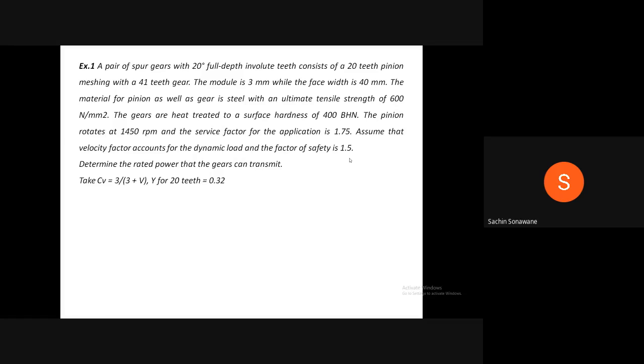Determine the rated power the gears can transmit. Take Cv is equal to 3 divided by 3 plus V and Y, that is Lewis form factor for 20 teeth, is equal to 0.32. Therefore, write down the problem. I will wait for 5 minutes. Then we will solve this one problem. Please write.